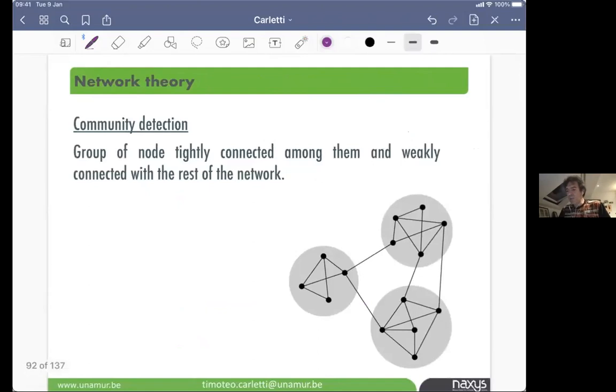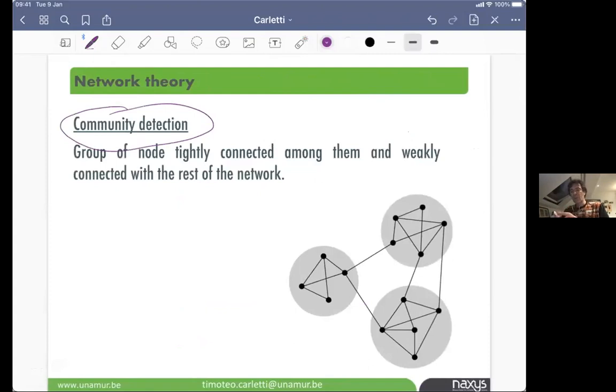Lastly, once you have a network that contains thousands or millions of nodes, you cannot just draw them, and it's also difficult to work on them. For this reason, people thought of the idea of community. What is a community? It is a bunch of nodes that are tightly connected among themselves.